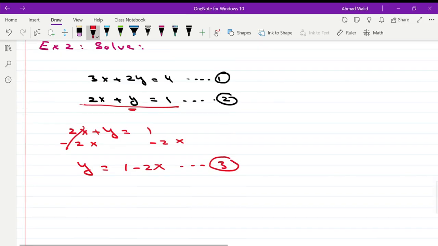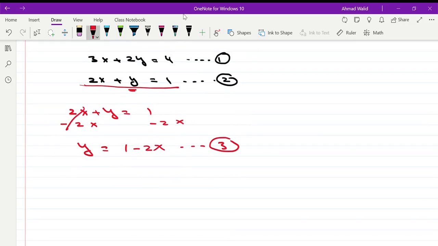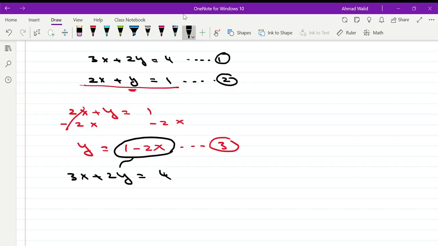Now, in step 2, I'll copy the equation that I didn't touch yet. It means equation number 1, 3x plus 2y equals 4. And I'll plug the value of y here in y. Then 3x plus 2 times 1 minus 2x equals 4.